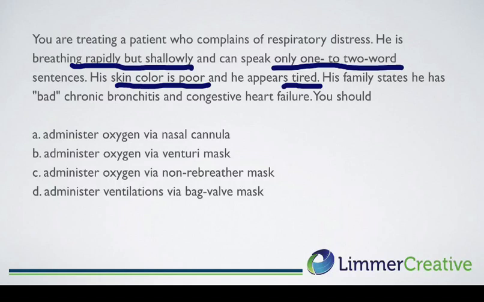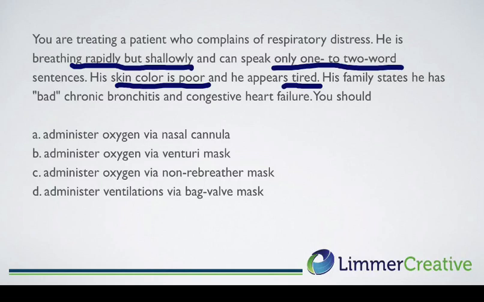Let's break those down. Rapid and shallow breathing may not be adequate. That in itself, just the word shallow or the word rapid in a test question may indicate respiratory failure or developing respiratory failure. Remember that for breathing to be adequate, that means adequate to support life.